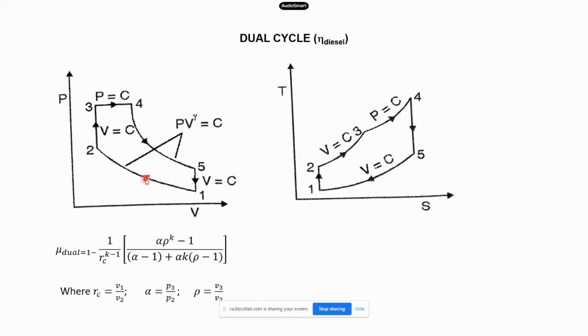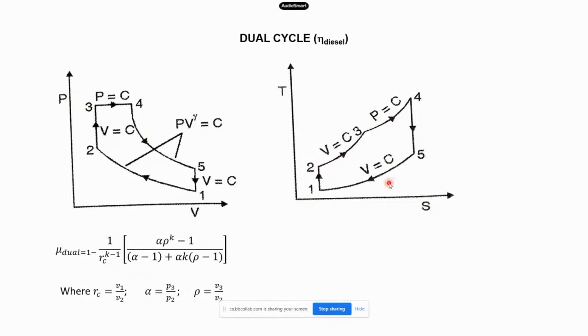For every question that you answer in the exam, please draw both the PV diagram and the TS diagram. From this sketch, 1 to 2 is isentropic compression. I don't want to deal much with that, because I can see that Mr. Pinagel did not really cover this section.